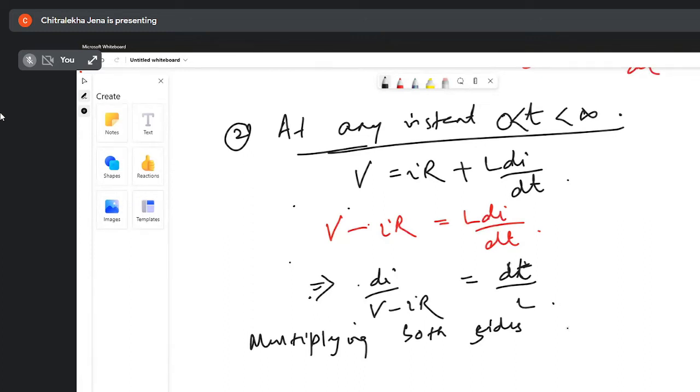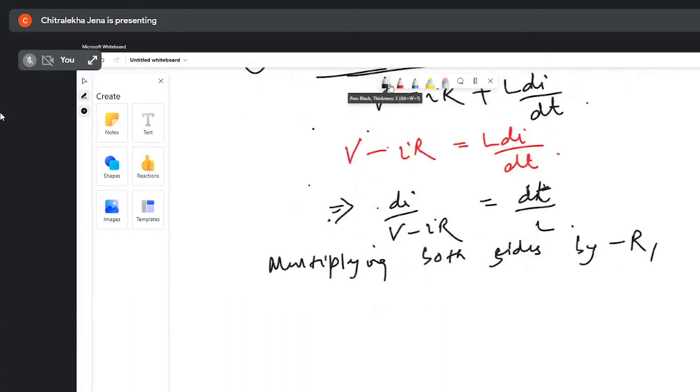So multiplying both sides by minus R. Then what will I get? Minus R divided by V minus IR into di is equal to minus R divided by L into dt.